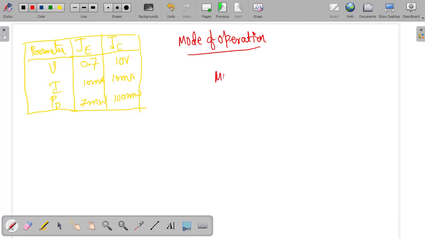Coming to the mode, I am taking junction E, junction C, the property of the particular biasing, and what are the applications associated with it.